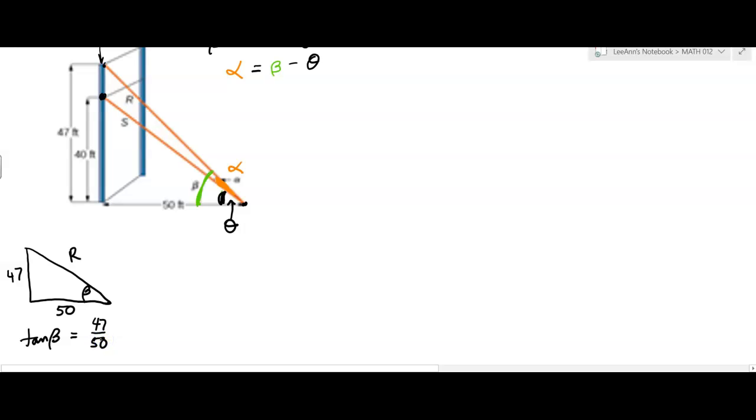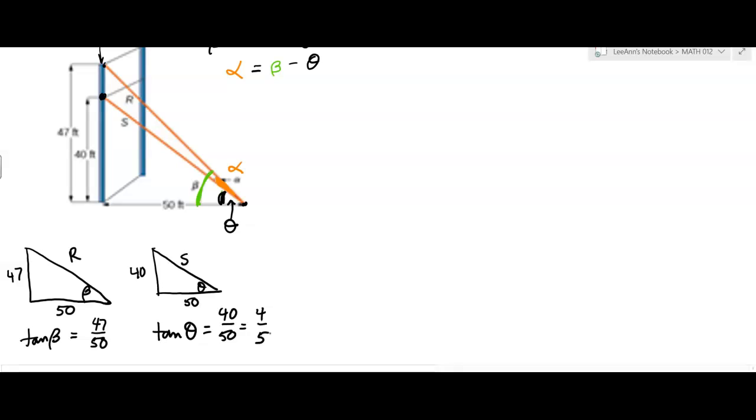Now I'm going to look at the other triangle, S. This is S, this is theta, this is 40 feet, and this is 50 feet. So the tangent of theta is equal to 40 over 50, but I'm going to simplify that to 4 over 5. We're going to need that.